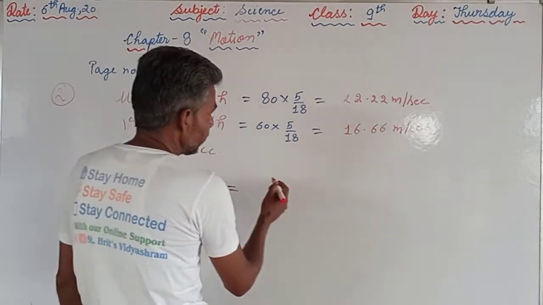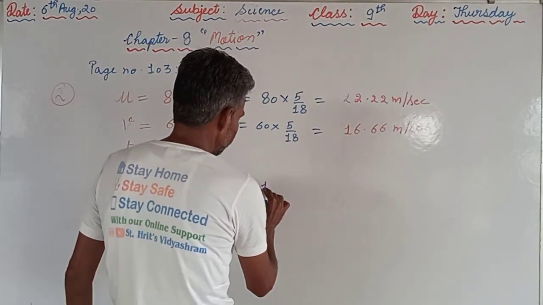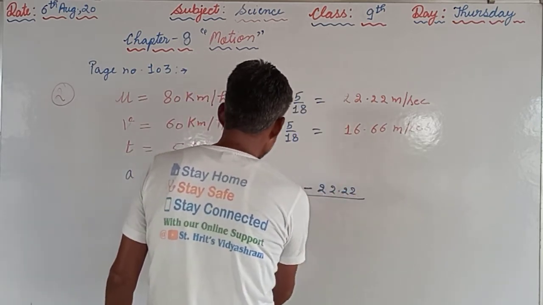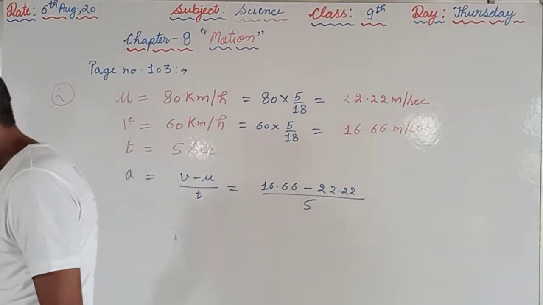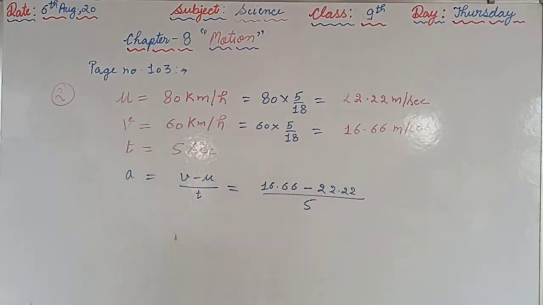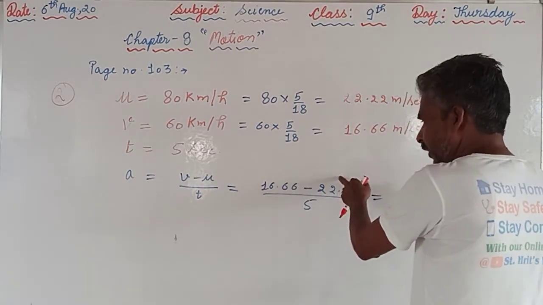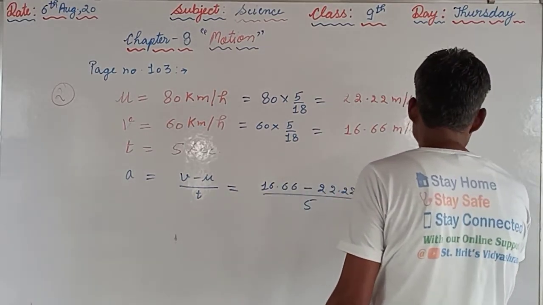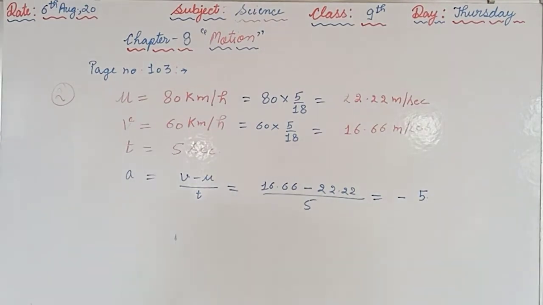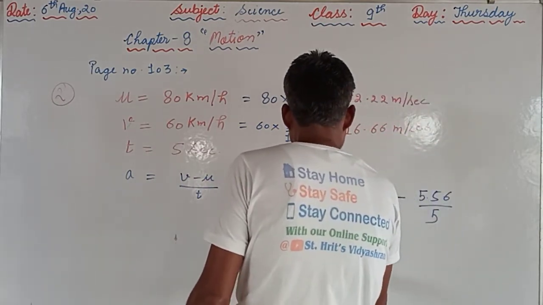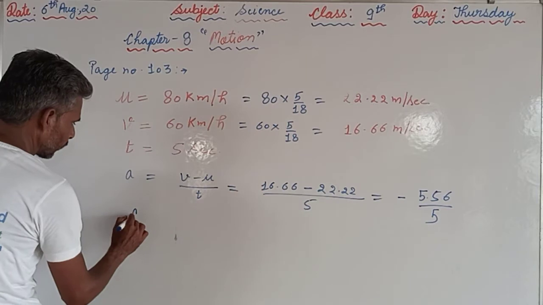So v is 16.66 and u is 22.22, and we are supposed to divide by 5. 5 is already in seconds, so we will get minus, because that term is greater, so the minus sign will be there, 5.56 divided by 5, and now you can divide that.